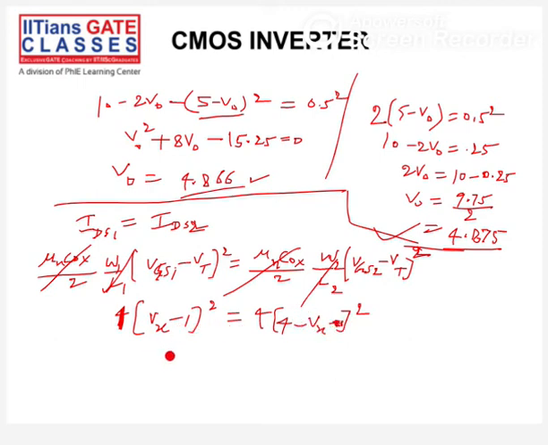So here if we take the square and everything, that will be 16 plus Vx square minus 8Vx, and it is equal to Vx square plus 1 minus 2Vx.